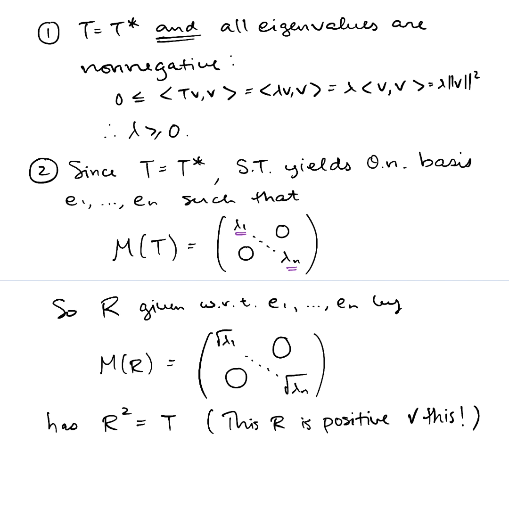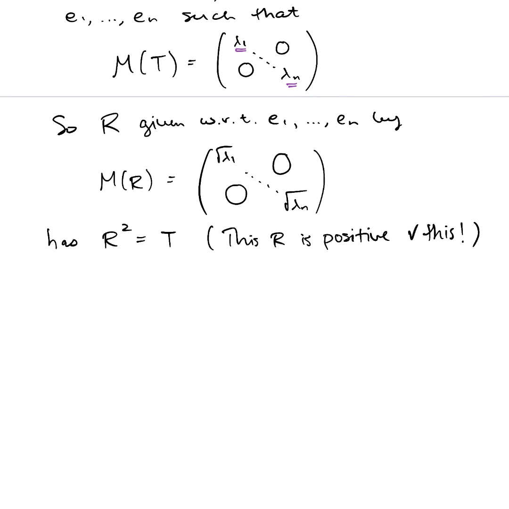Okay, cool. So what did we just show? We showed positive operators have a positive square root. That's good. Nice. Let's keep rolling here. Let's see. What else can we say? Oh, well, in particular, T has a self-adjoint square root, namely the R we just made in the previous fact.